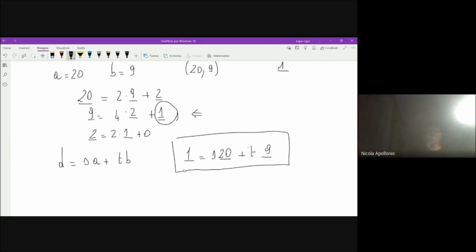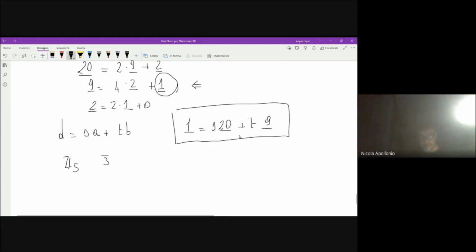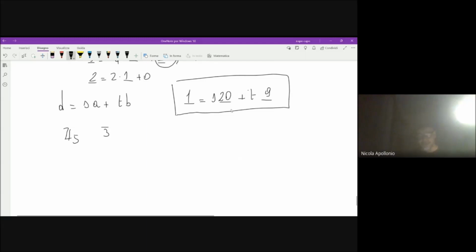This is a very, very important property. If you want to invert the class of 3 in Z5, you must apply this construction.